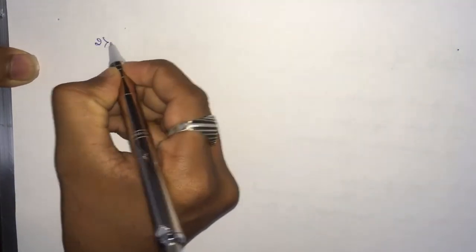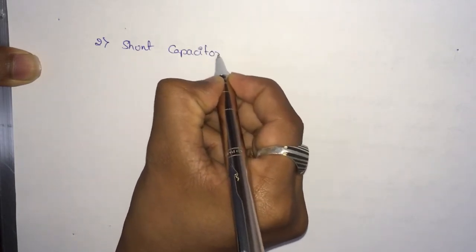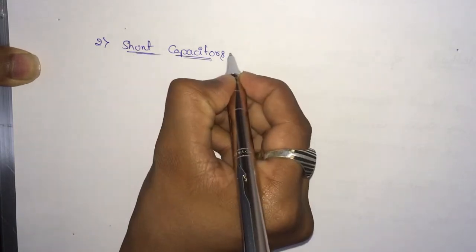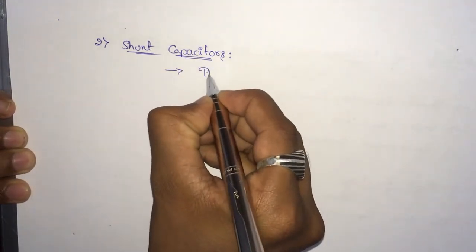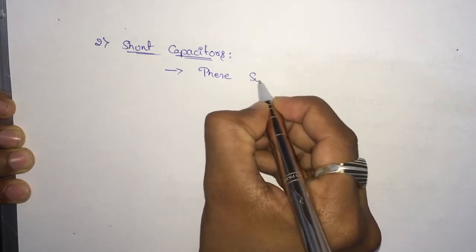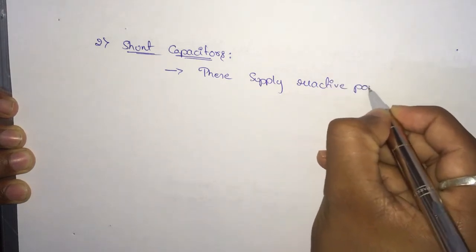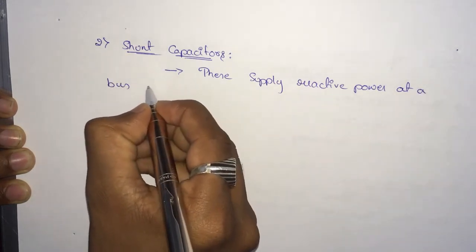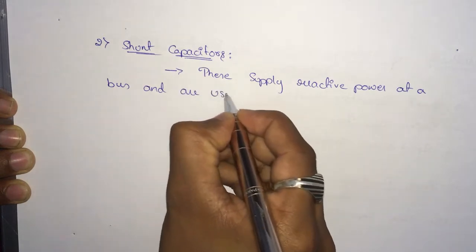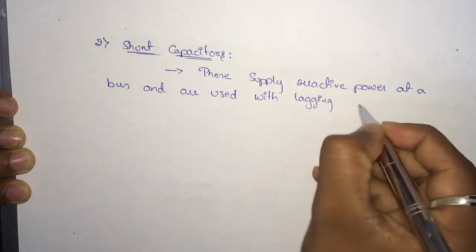And secondly, shunt capacitors. These shunt capacitors supply reactive power at a bus and are used with lagging loads.